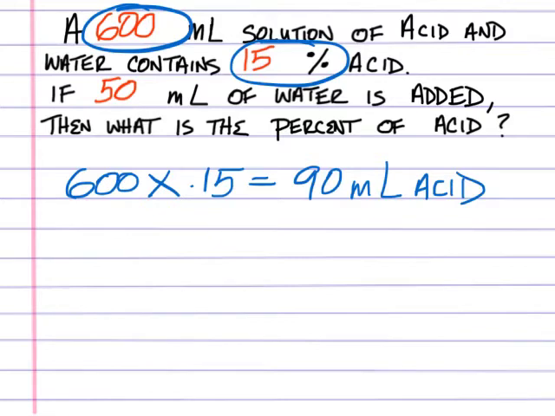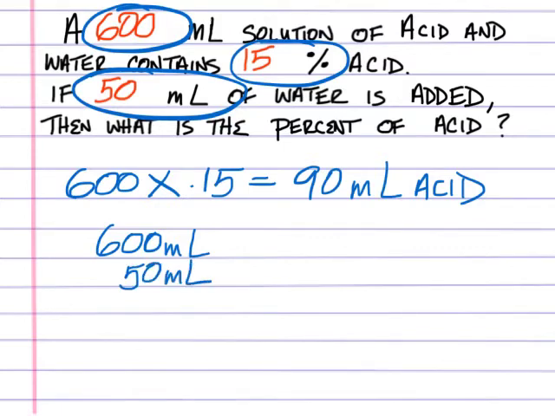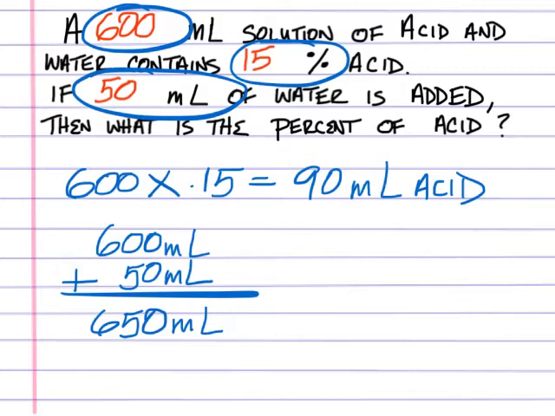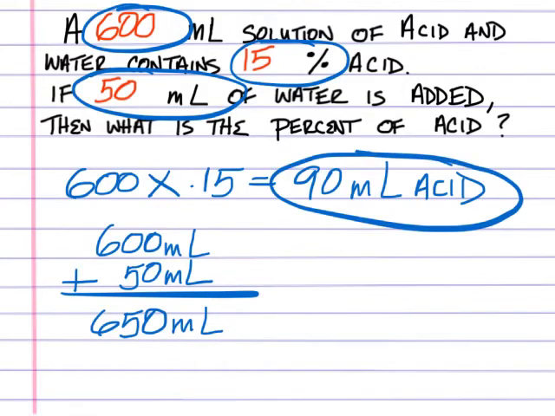But remember, you're going to add 50 milliliters of water to the container. You start with 600 milliliters in your entire solution. You're now adding 50 milliliters of water. That gives you a total amount of 650 milliliters in your solution. We want to figure out what percent this 90 is of that 650.